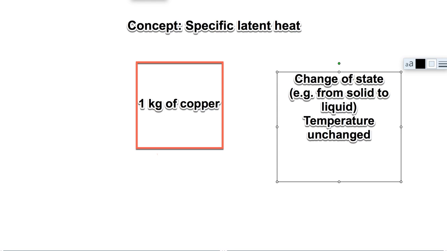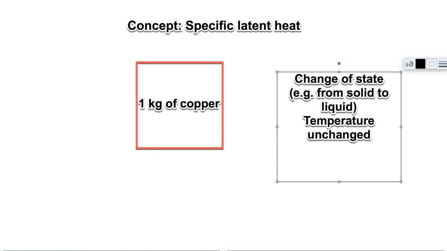Now we have the concept of specific latent heat. It is about 1 kg of copper in solid state. Consider if we want to change the copper from solid to liquid, so energy is required.